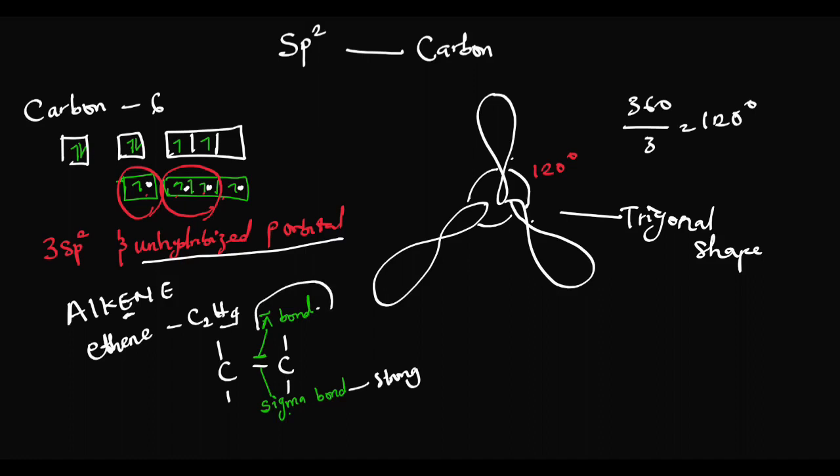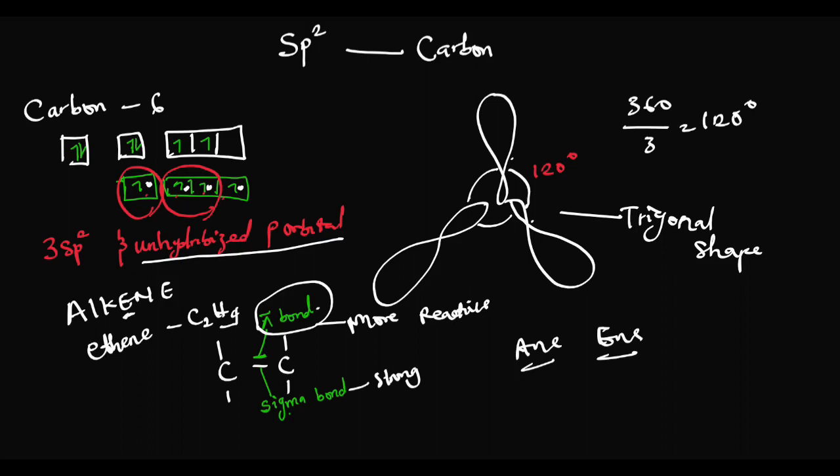But the main characteristic of this pi bond is that it makes the compound more reactive. In this case, it makes alkene more reactive. So if I'm comparing alkane, which ends with ANE, and alkene, which ends with ENE, and I ask you which one will be more reactive, it will be alkene.